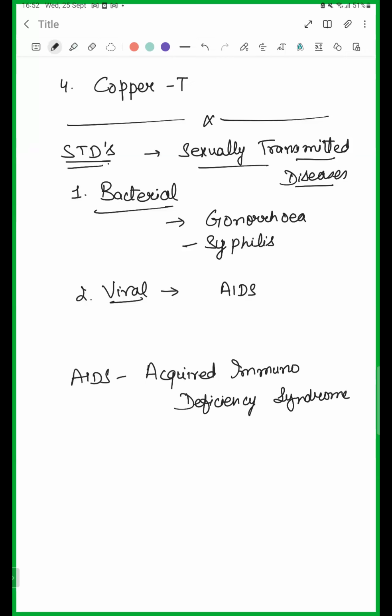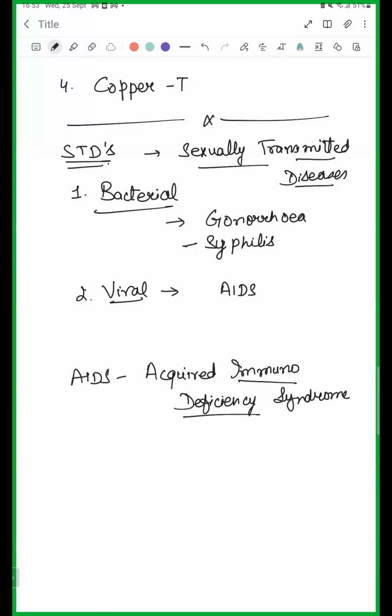So in case the immune system is suppressed, the person is prone to all different types of diseases. For example, even if a cough and cold is there for a person suffering from AIDS, because the immune system is depressed, there's deficiency of the immune system, there's no WBC, there are no lymphocytes acting properly. So even a small cough and cold can lead to a very huge type of pneumonia, incurable diseases. A small disease can turn life-threatening for that person.